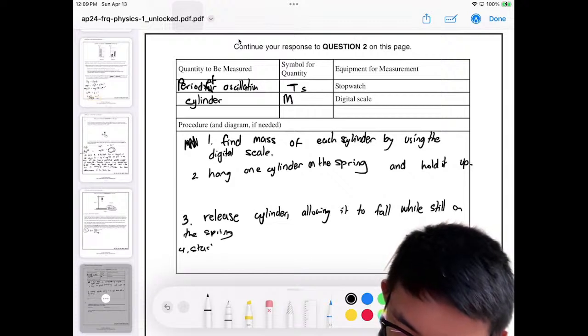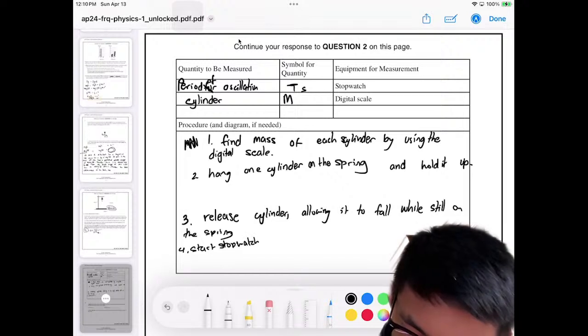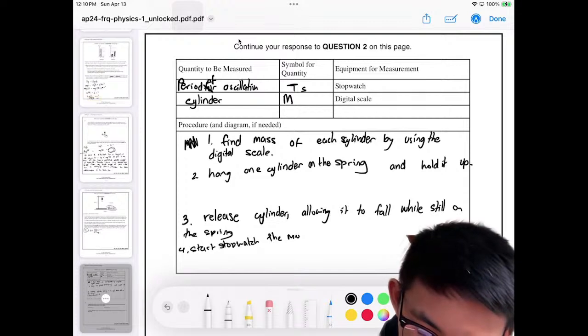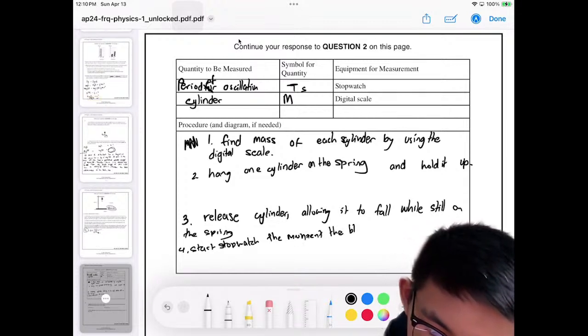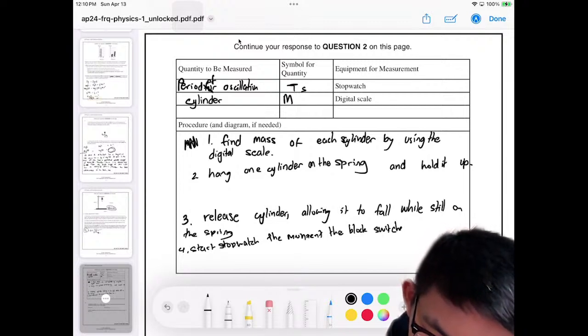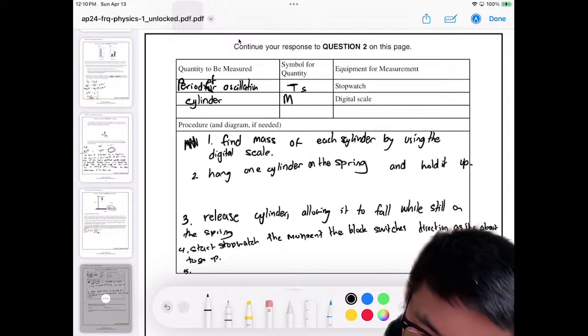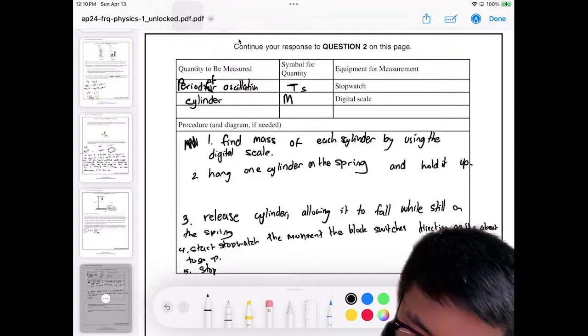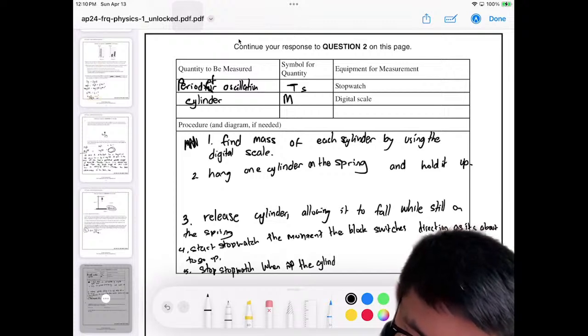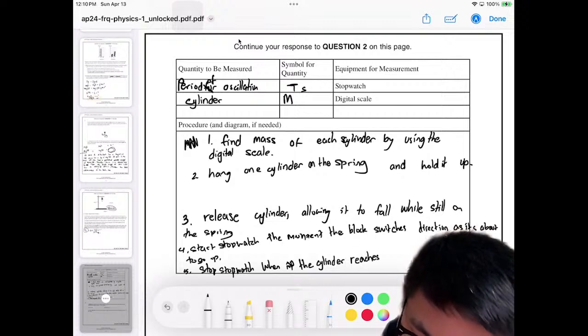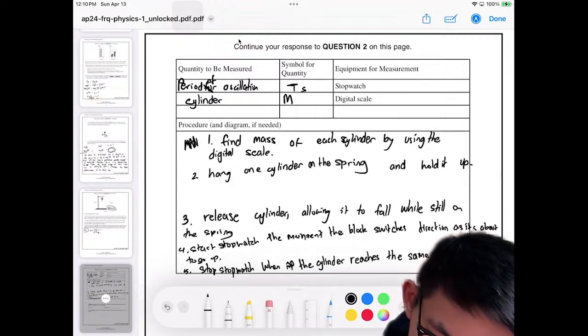Start the stopwatch the moment the block switches direction, as it's about to go up, and stop the stopwatch when the cylinder reaches the same point, the minimum, again.